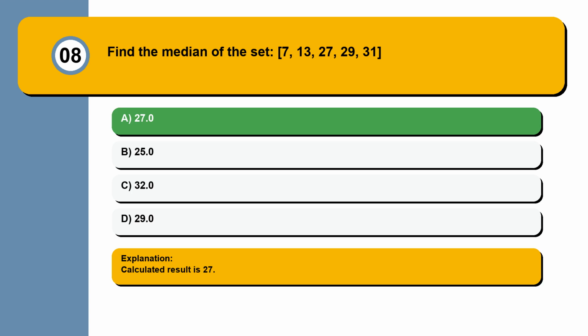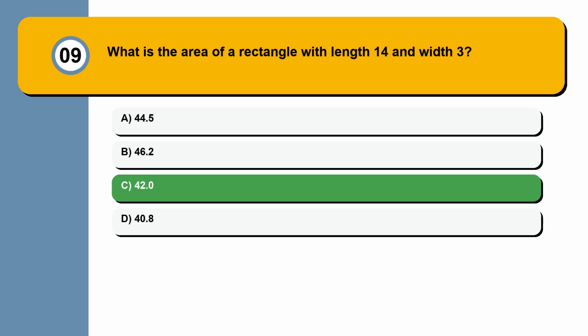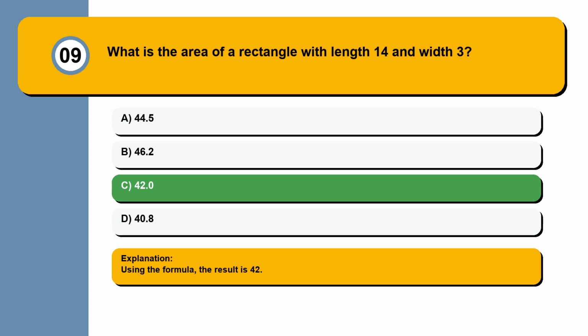Calculated result is 27. Question 9. What is the area of a rectangle with length 14 and width 3? 44.5, 46.2, 42.0, 40.8. Using the formula, the result is 42.